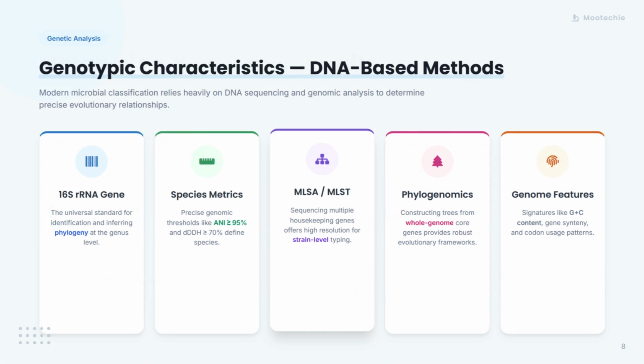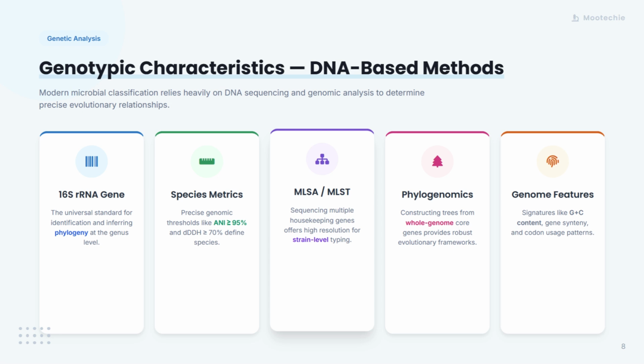Genetic characteristics, DNA-based methods. Modern microbial classification relies heavily on DNA sequencing and genomic analysis to determine precise evolutionary relationships. This is like moving from comparing outward appearances to comparing the detailed instruction manuals written inside each cell. 16S rRNA gene: the universal standard for identification and inferring phylogeny at the genus level.